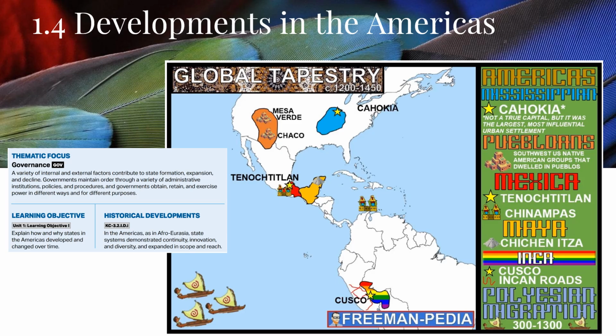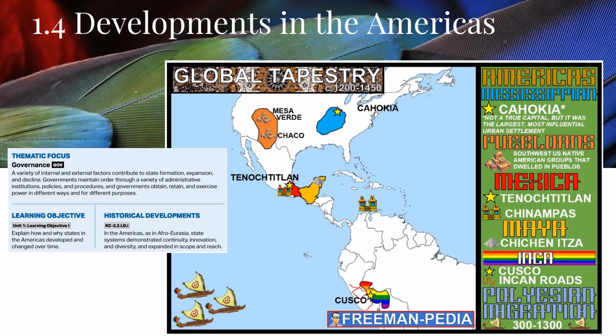The one that is most frequently discussed in the Americas is going to be Mexica. I know some of you are like, why not just Mexico? It was referred to as Mexica at the time, and later by historians, as a generalized location for these early empires and kingdoms that emerged in Central America during this time period.